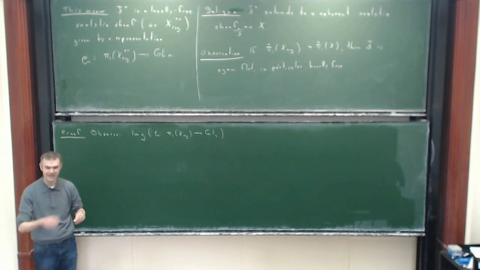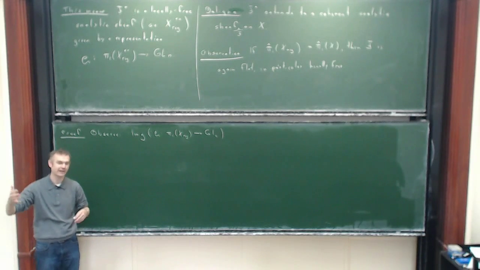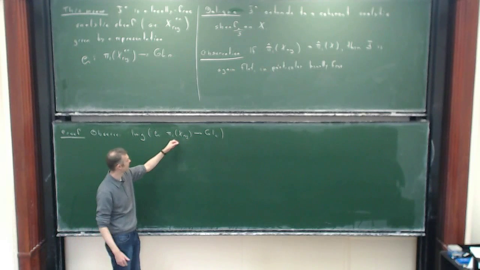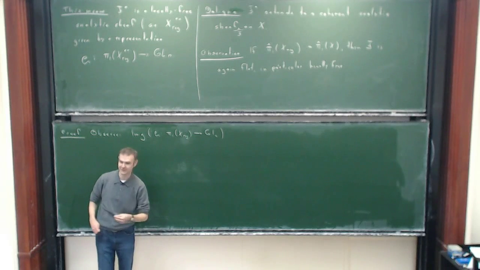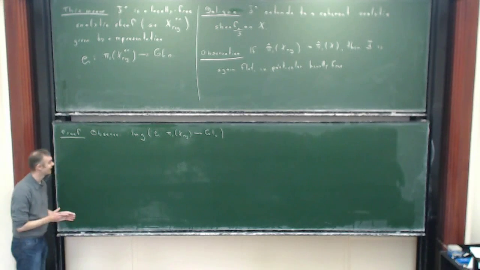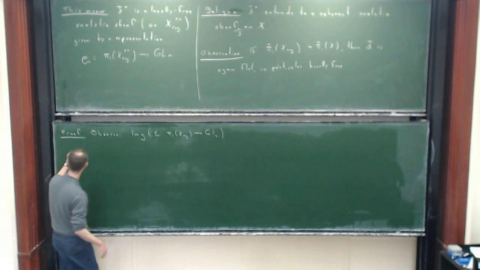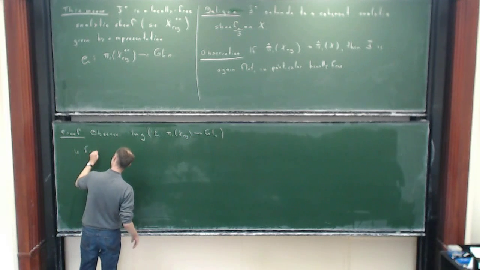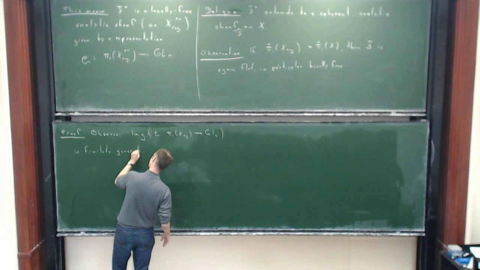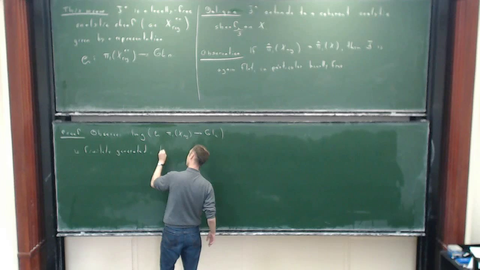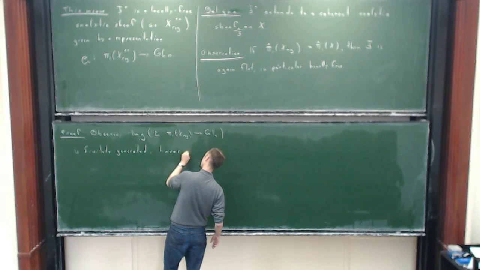For instance, you could triangulate your manifold and then realize that the fundamental group is generated by the one-dimensional simplices in your skeleton. So this is a finitely generated linear group.